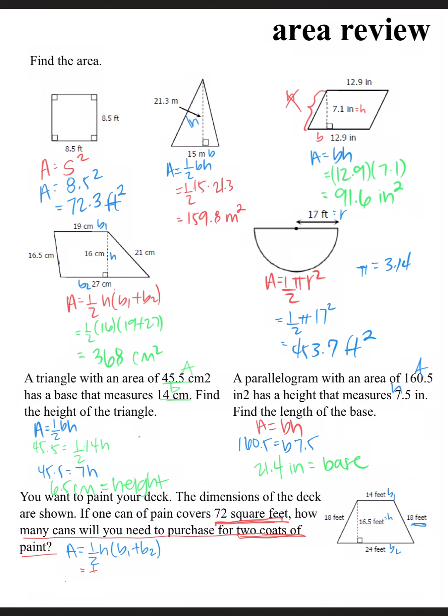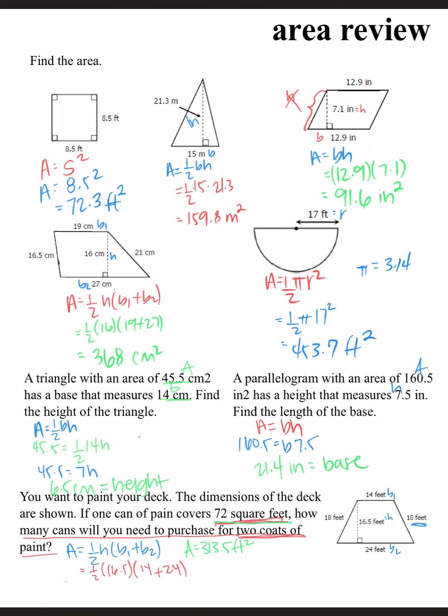So 1/2 times 16.5 times 14 plus 24, and that gives me a total area of 313.5 feet squared. Okay, so 1 can of paint covers 72 square feet. So I have 313 square feet.